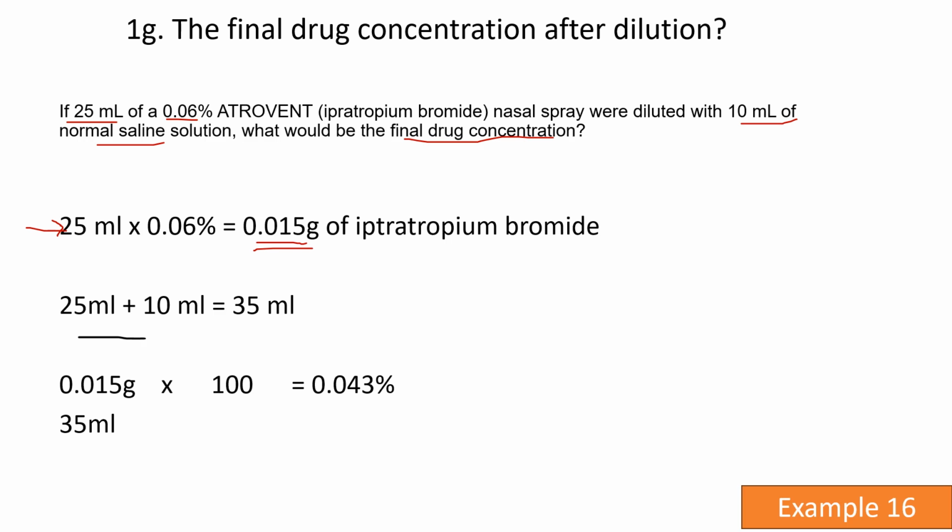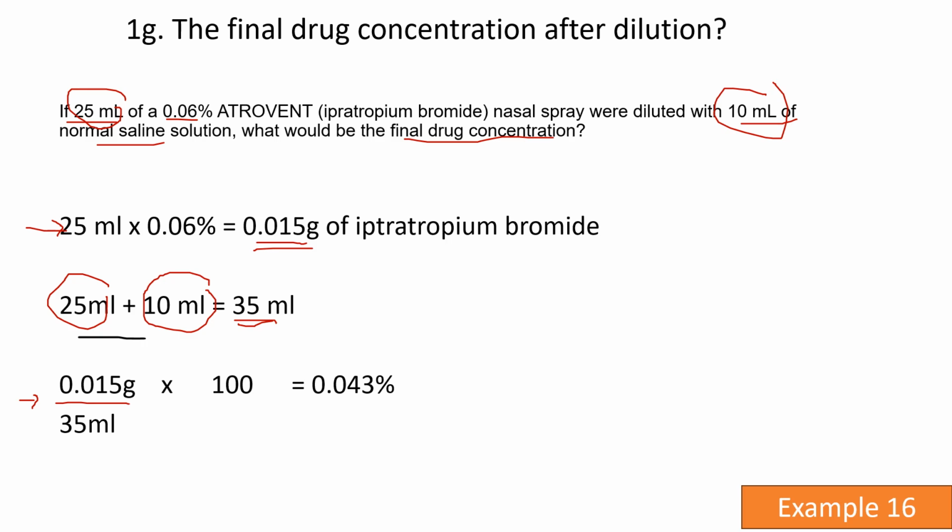It's stated in the question that 25 ml is being diluted with 10 ml. So 25 ml added to 10 ml equals 35 ml. The next step is the amount, 0.015 gram over 35 ml times 100, which equals 0.043%.